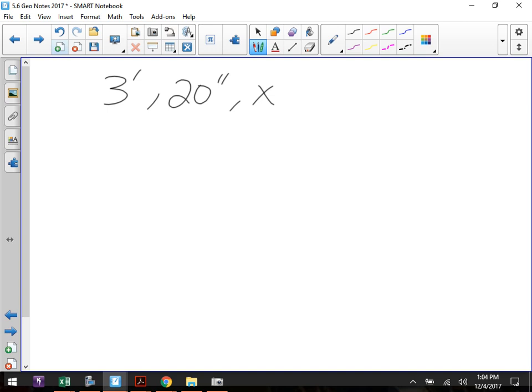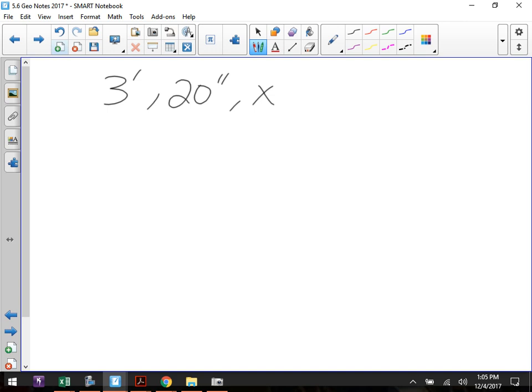The weirdest thing that you will see is sometimes they will give you 2 different dimensions, if you will, like feet and inches or feet and yards. The shortcut here is that we still add them and subtract them, but they still have to be the same unit of measure.